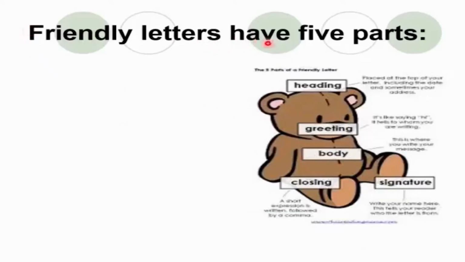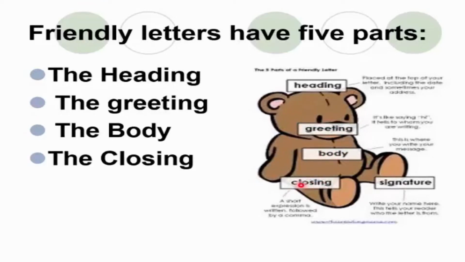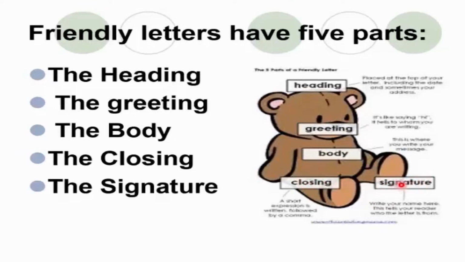Friendly letters have 5 parts. As you all see here, we have 5 different parts of the friendly letter. It's starting with the heading, the greeting, the body, the closing, and finally we have the signature.